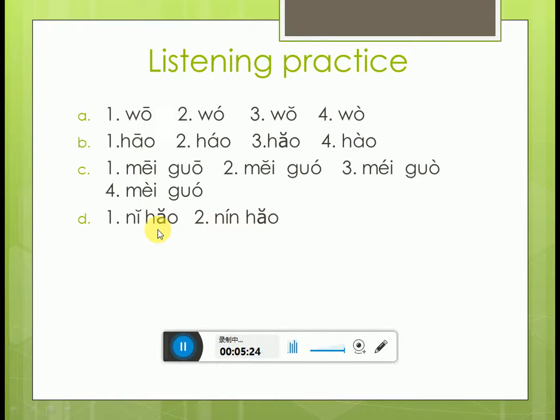And if we look at number 1, according to this sound particles, we should pronounce as 你好. Question E. The answer is number 1, 老师. And look at number 2, is 老四.